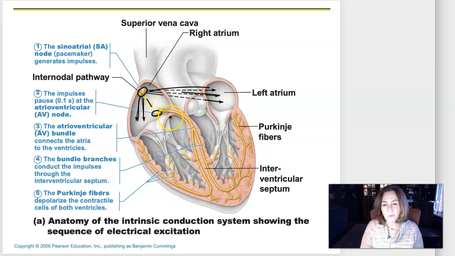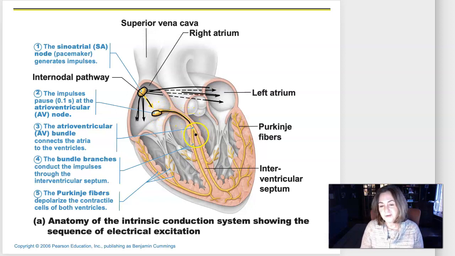The AV node, you can see, is right on the boundary between the atria and the ventricles. The AV node is attached to a bundle of autorhythmic cells that cross through where the valves are located. Remember, the valves are located in that single plane, which is a tough, fibrous plane. So this is where the message for the heart to contract is going to get through into the ventricles.